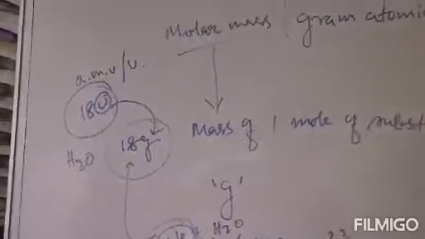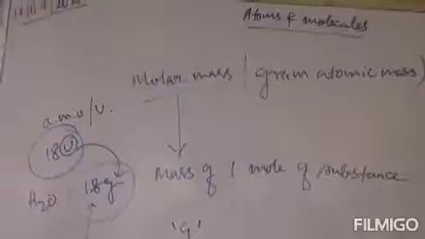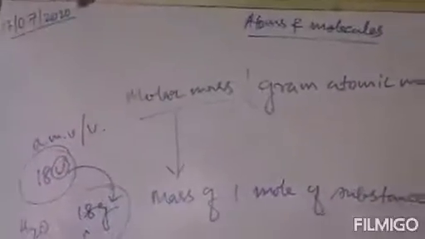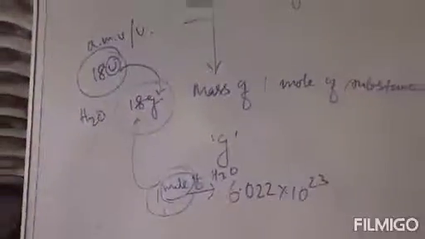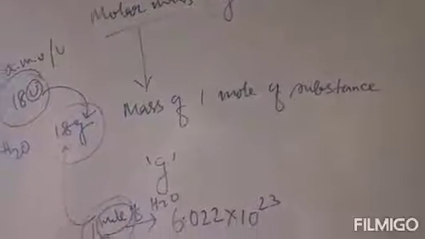So atomic mass is written in atomic mass unit form, or simply U. But whenever molar mass comes, it will be replaced in gram. So here 1 mole means 18 gram, because the mole concept says a mole is the amount of substance which contains that many particles.